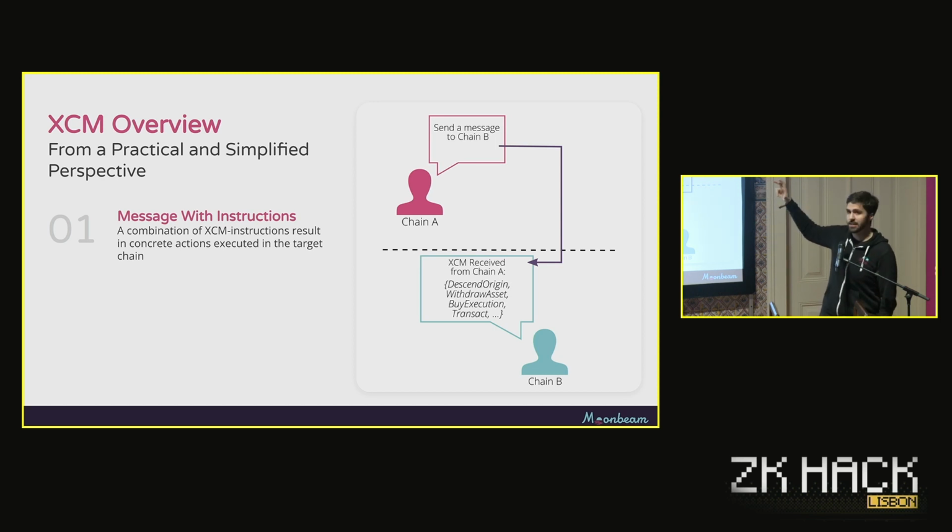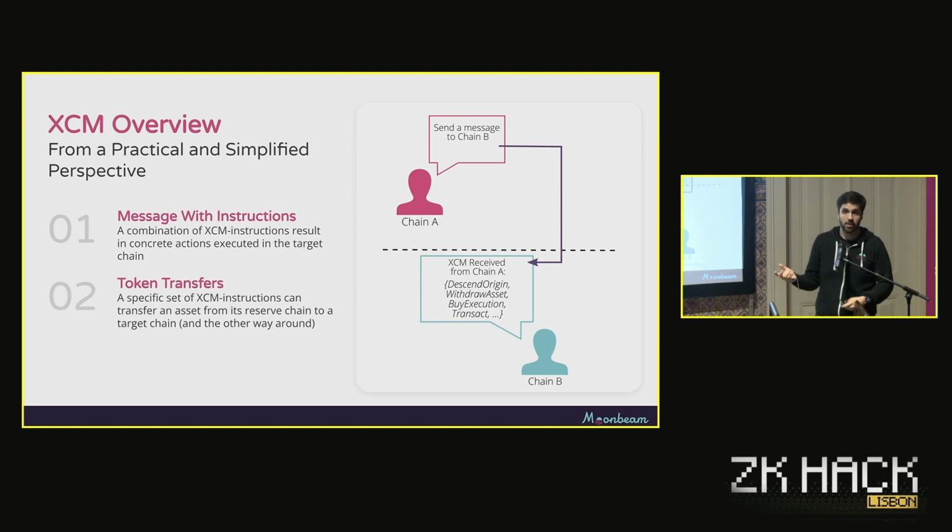So at a very high level, XCM is a message that has instructions, and it's directed to another chain. It could be within the Polkadot ecosystem, or soon outside of it, because they're doing upgrades to enable that. As an example, I brought a series of XCM instructions that actually do something on Moonbeam.